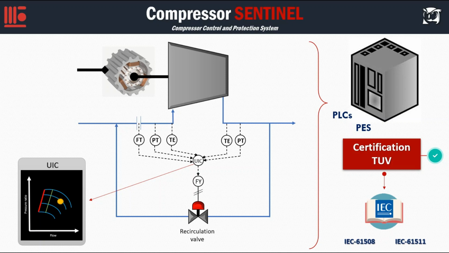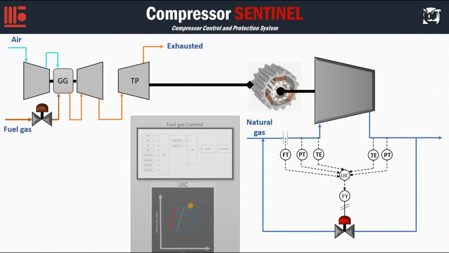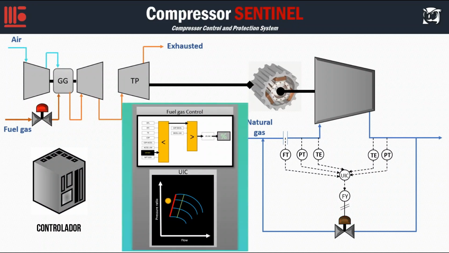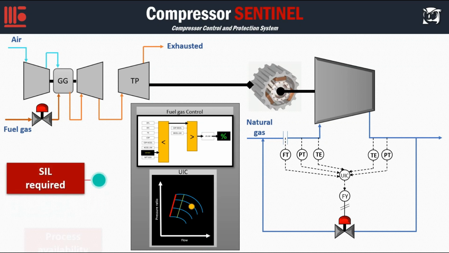The architecture of a system based on this product can be tuned to meet the required safety integrity level, SIL, and availability of your process. Compressor Sentinel also offers the flexibility to combine turbo machine control and protection in the same controller, PLC, where applicable regulations and standards allow.